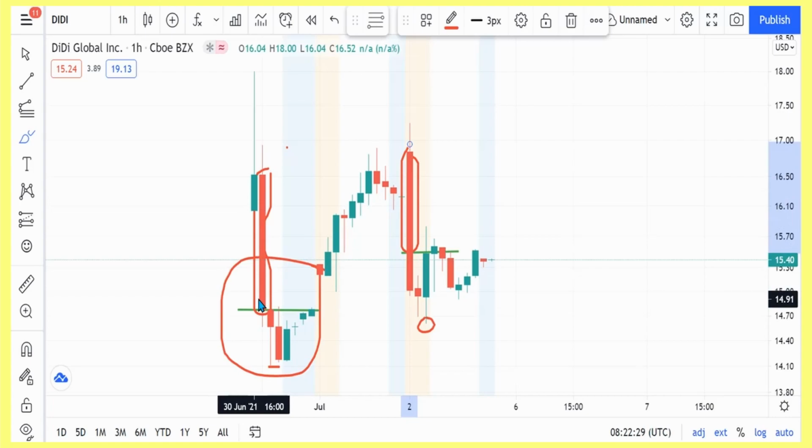Say for example, if we had a bullish green candle moving up, and if that green candle moves up beyond this green line, higher than the red candle high here, then we say there's a strength in the support.